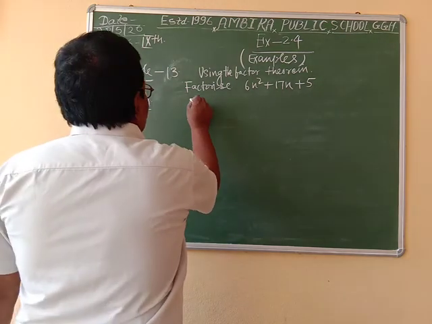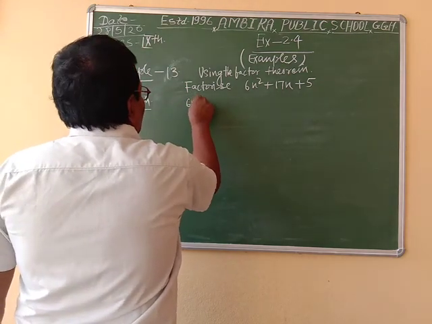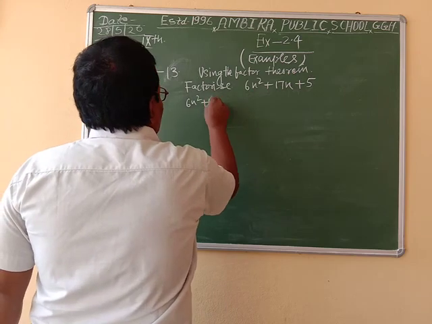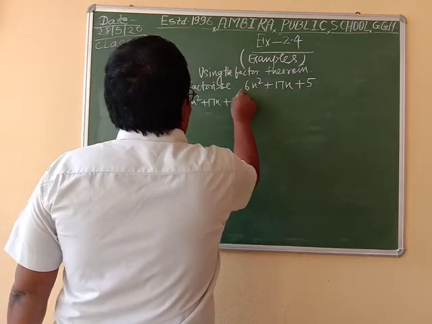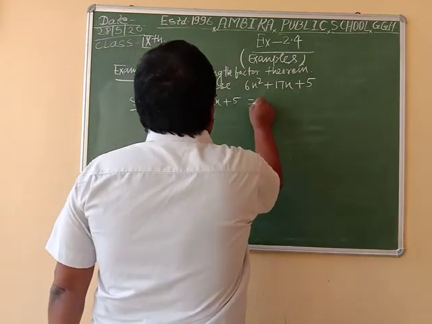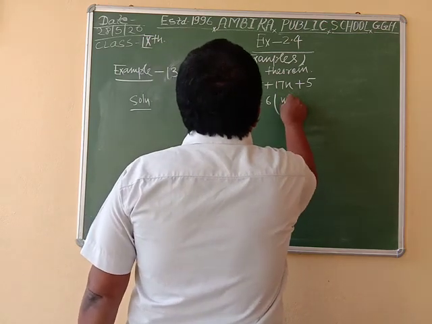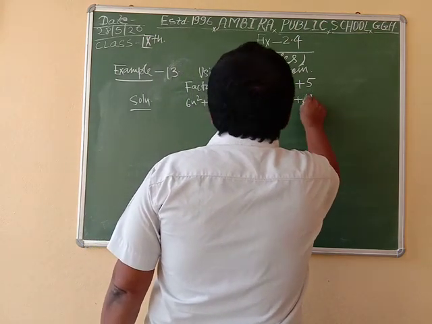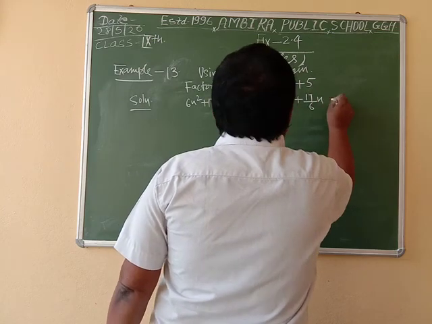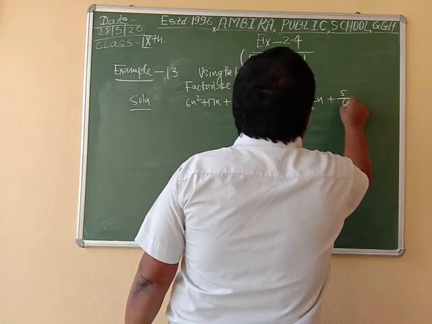Taking common 6, we can write it as x square plus 17 by 6x plus 5 by 6.